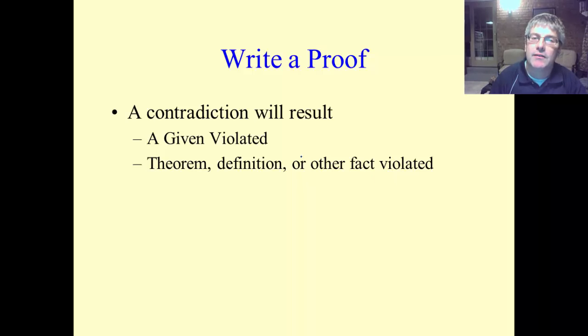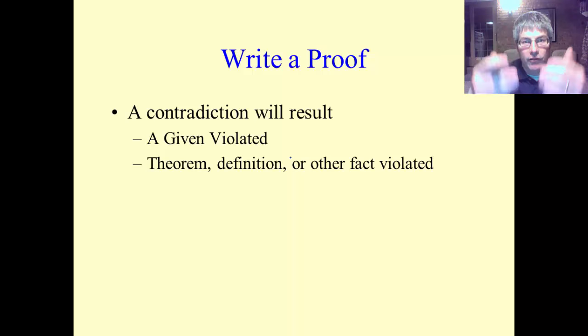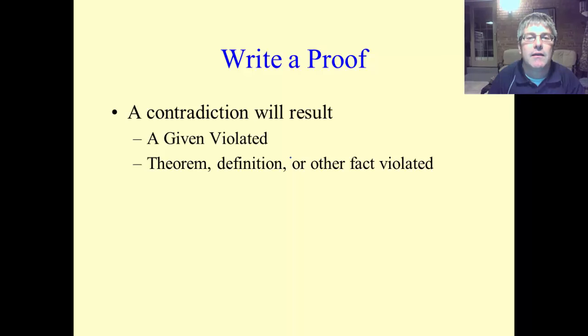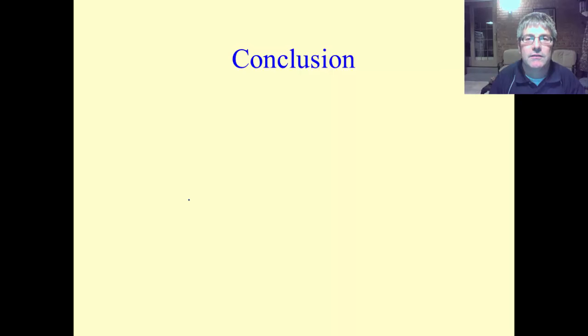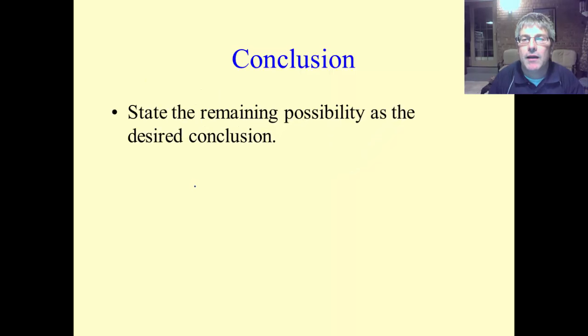So when that happens, our proof has collapsed under our assumption. And if it collapses, then we know that our assumption that we started with is false. That leads us to the final conclusion that the remaining possibility, the opposite of what we started with, must be true.